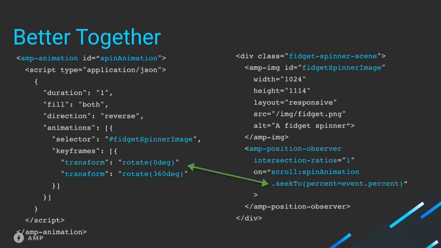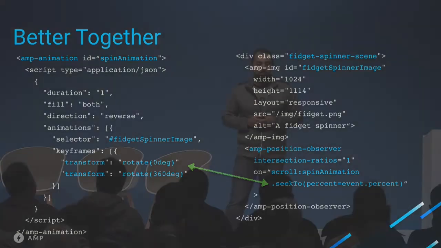When it gets to the middle of the viewport, it would say, I'm at 50% progress. I'm in the middle of the viewport. And as we get those events, we tell the animation timeline to also seek to its position of 1%, 2%, and 50%. And 50% happens to be 180 degrees, for example. And when we get to the top, we are both at 100%, and the animation will be at its end, and it would have done a full rotation.